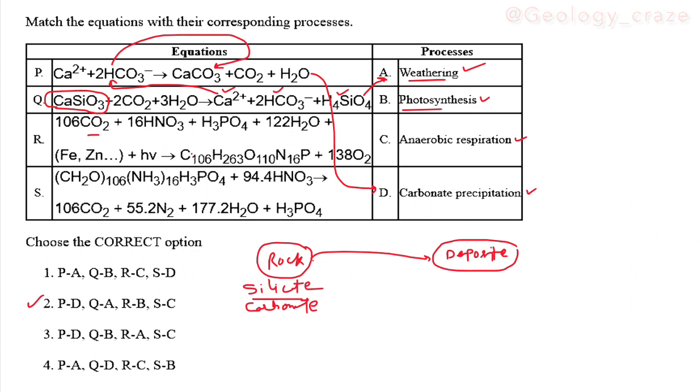We call this process photosynthesis, and when this glucose is broken down, we call it anaerobic respiration. I solved it on the basis of weathering and carbonate precipitation because it is related to geology, and similar types of questions might come in further exams.